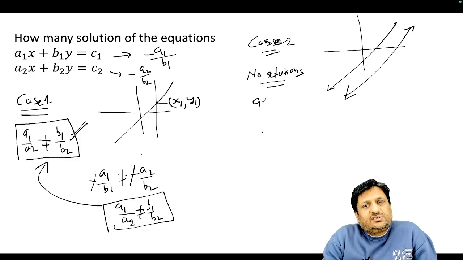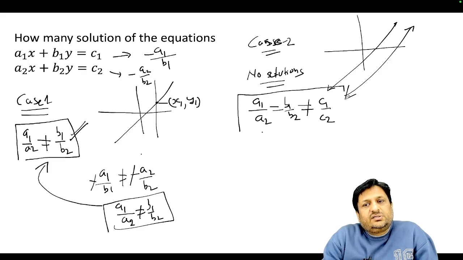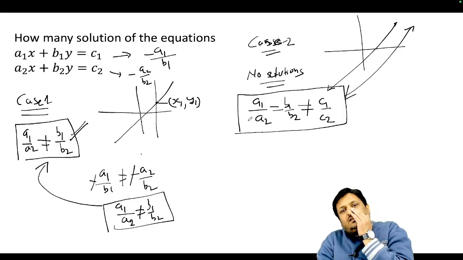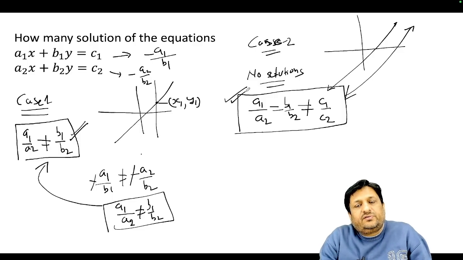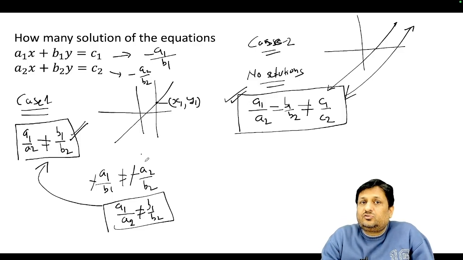The condition for this will be a1 divided by a2 equal to b1 divided by b2, but which further should not be equal to c1 by c2. You should remember this condition for no solution. If this happens, the system will have no solution.